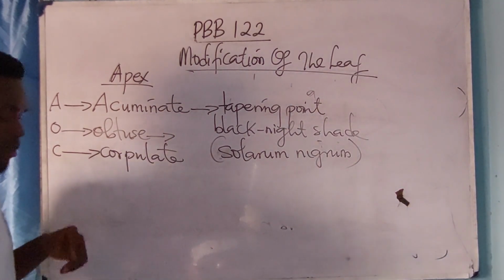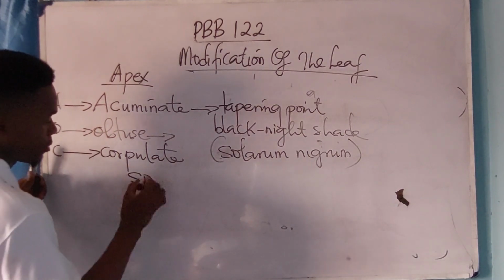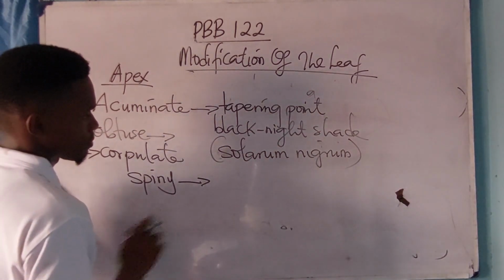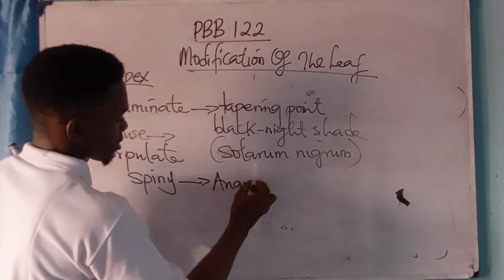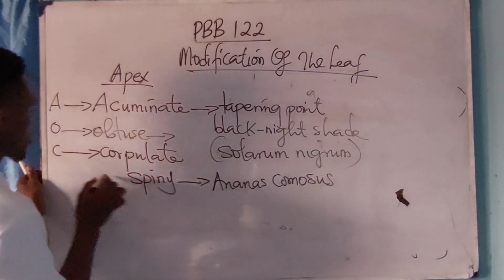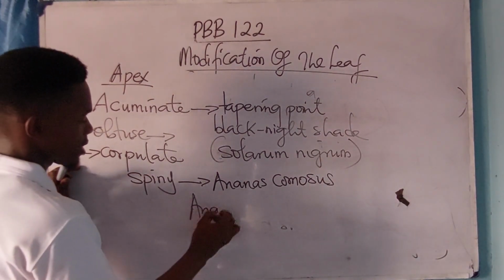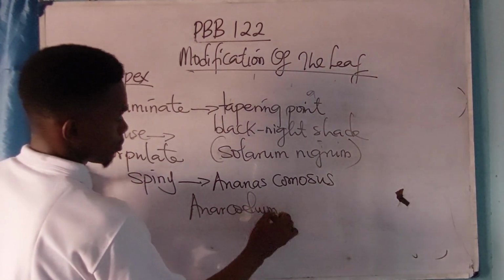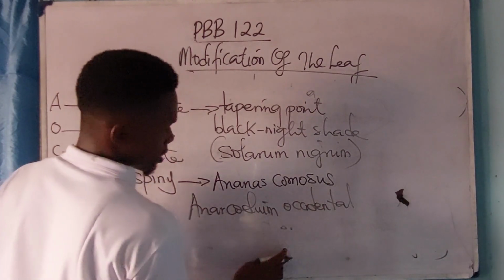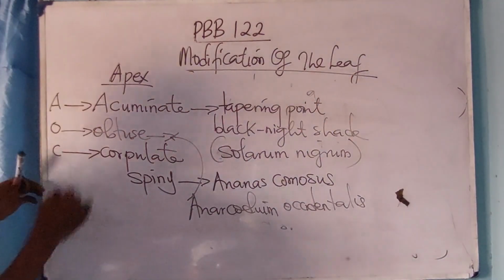But this one has a spiny end; the apex is spiny. A good example of that is Ananas comosus. Ananas comosus possesses this type of leaf. Then Anacardium occidentale possesses an obtuse leaf.